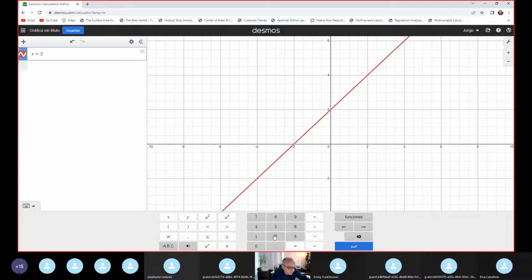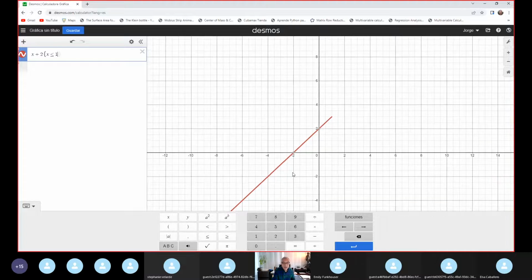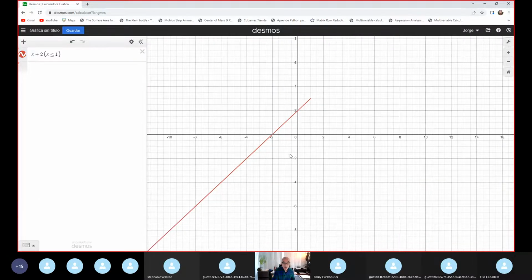But the problem is, I have a condition, and for the condition, you open this curly bracket and you put x less than or equal to 1. And you see the piece that we did by hand, but you see exactly not the total line. You see the piece that corresponds from -1 to the left, which is this condition.